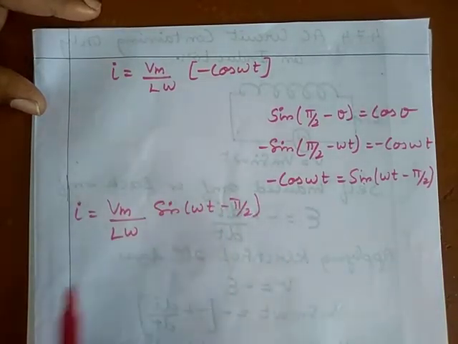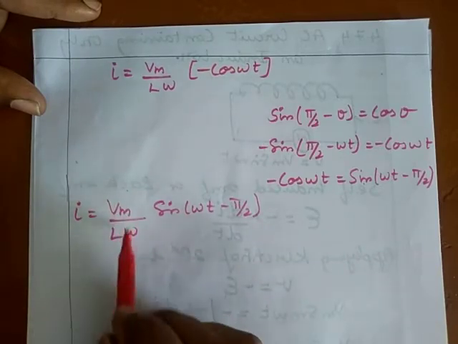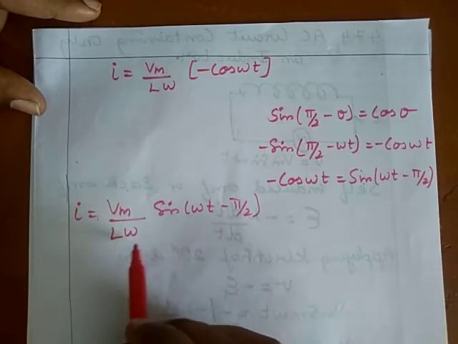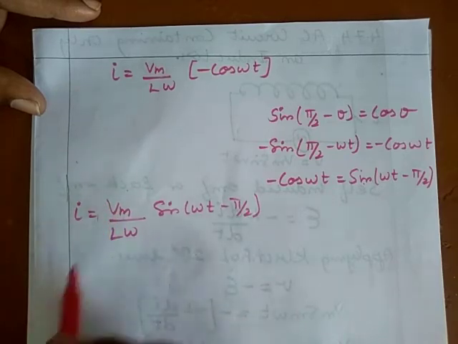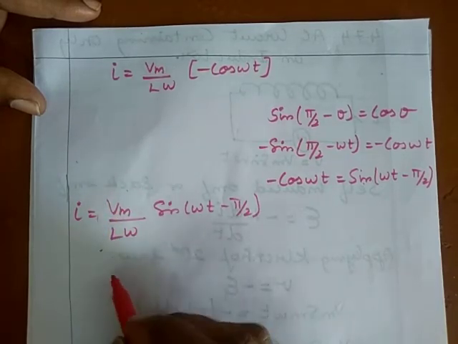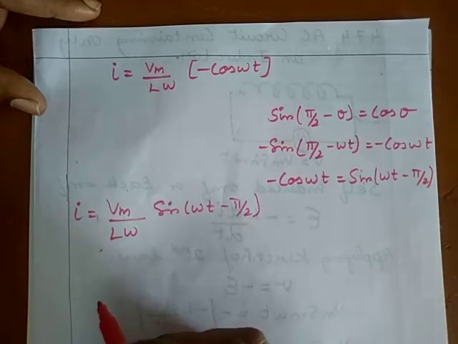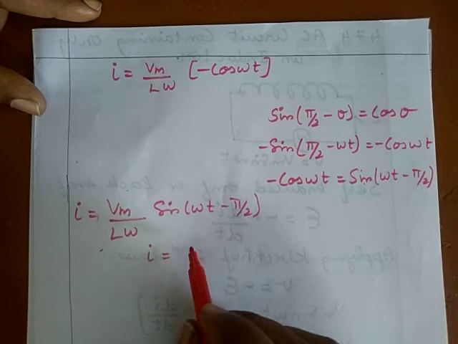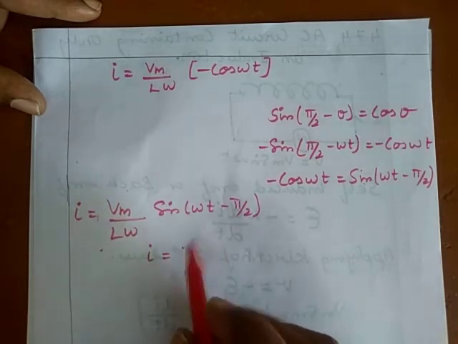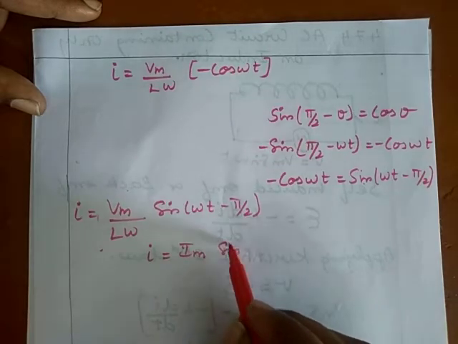Let me compare this equation with the current in the resistor circuit, where current I = Im sin omega t.